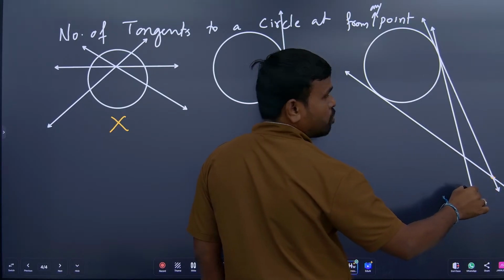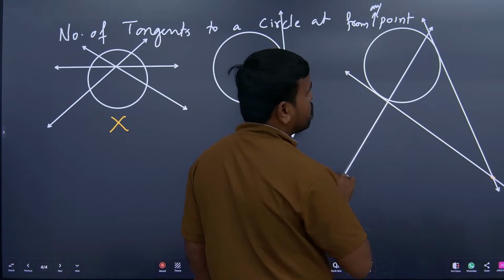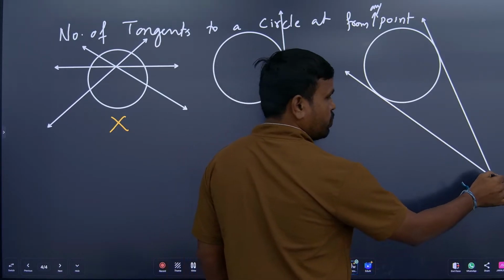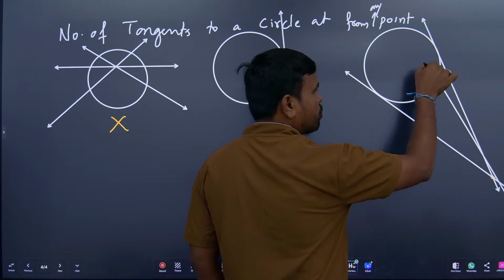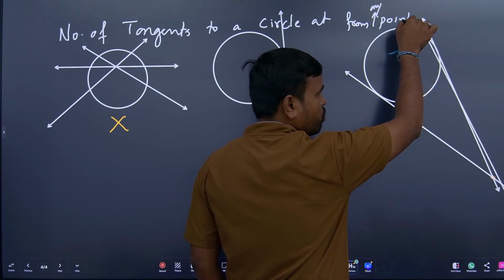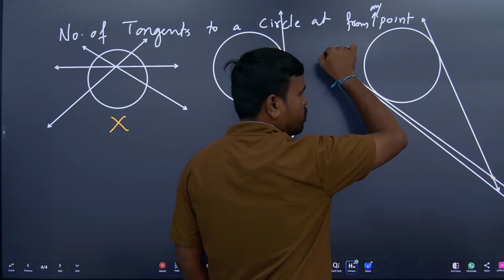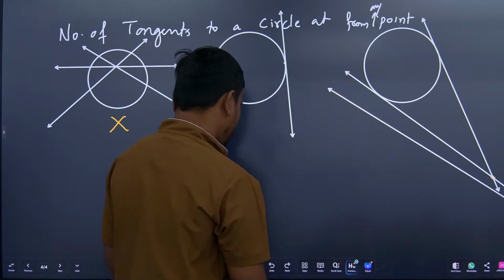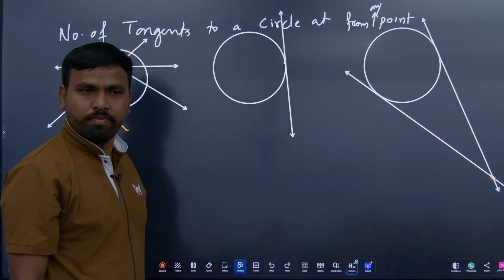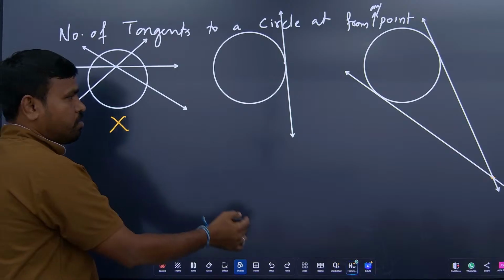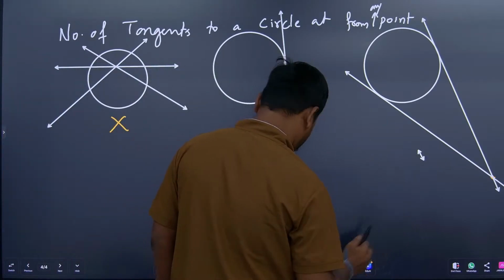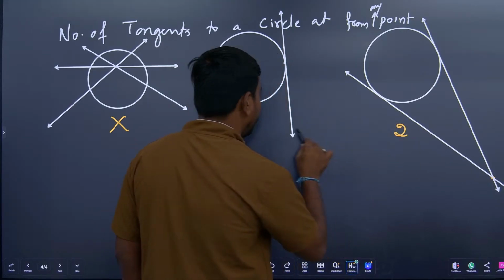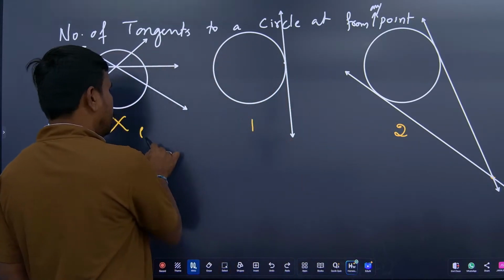No. So we are able to draw only 2 tangents. From an external point, how many tangents can we draw? 2. Here 2, here 1, here 0.